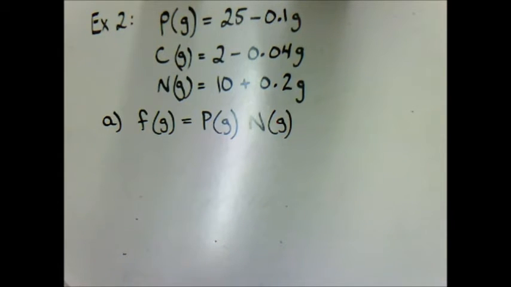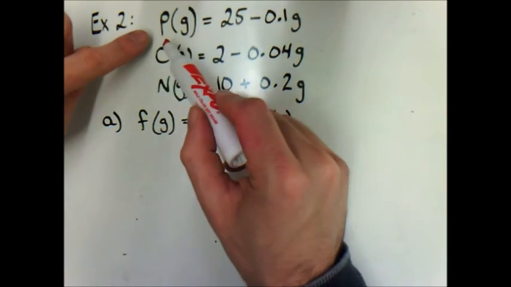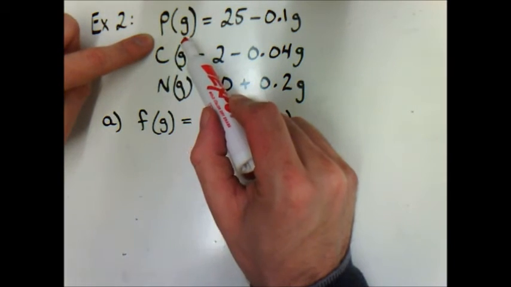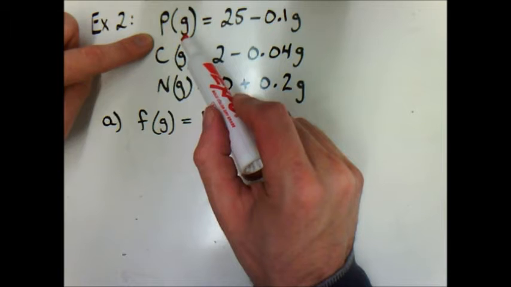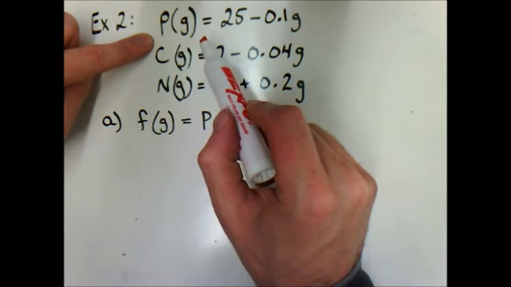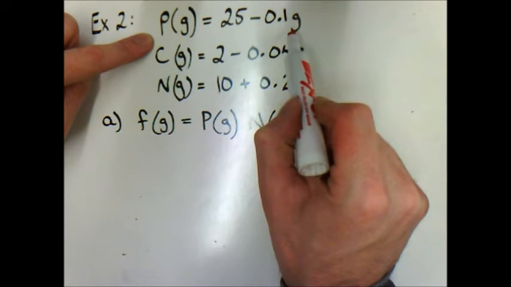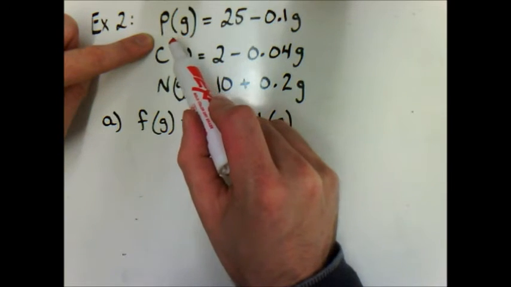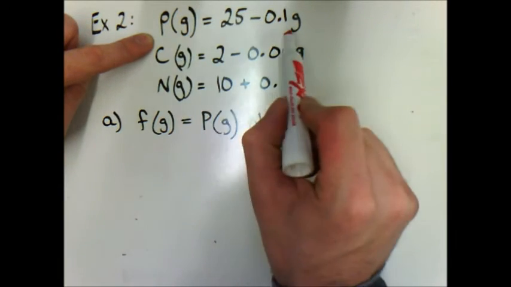In example 2, it is about baseball marketing. So in an effort to boost fan support, owners of a baseball team have agreed to gradually reduce ticket prices. So P here is price per game. G is the number of games that have been played so far this year, and P is the function that will show how they're going to reduce the tickets.